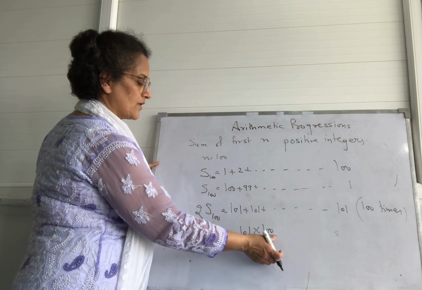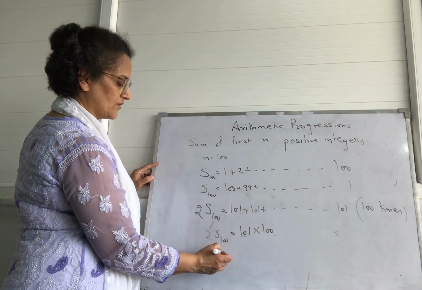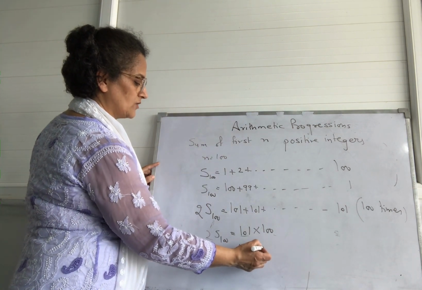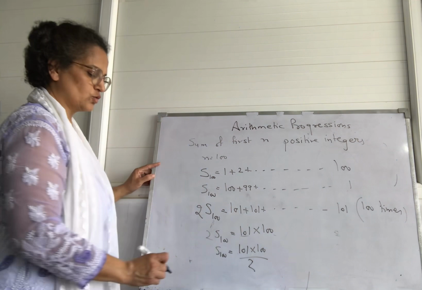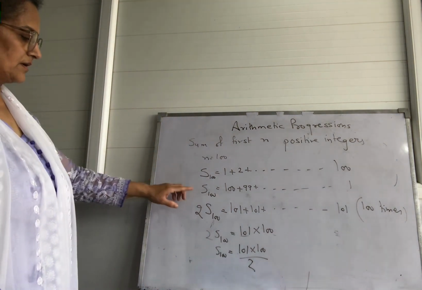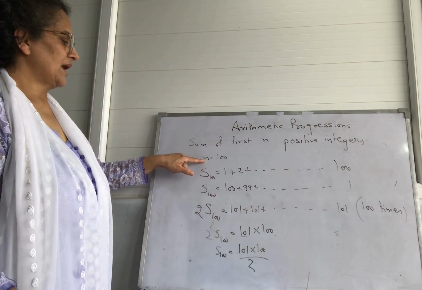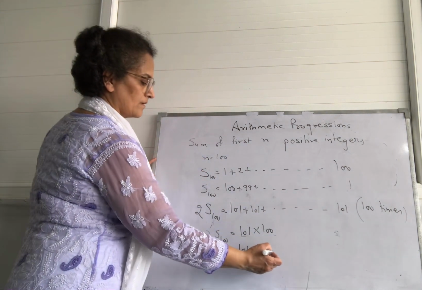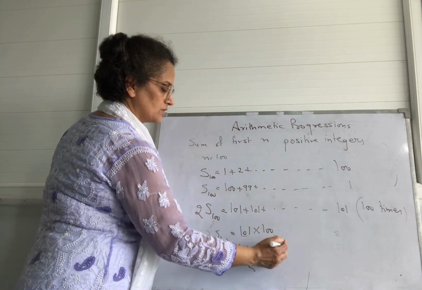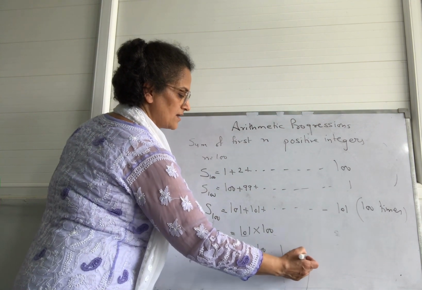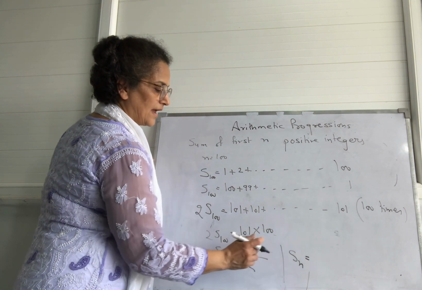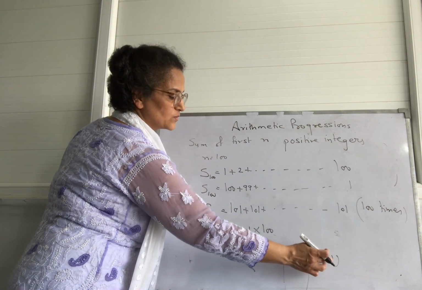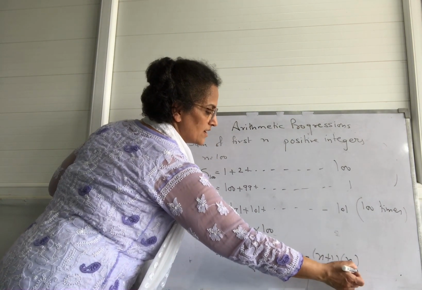Now if I want to find S100, this is 101 into 100 upon 2. Let's get back to the question. n was 100. So if I want to write Sn, this is n into (n plus 1) upon 2, where 100 plus 1, and n was my 100.